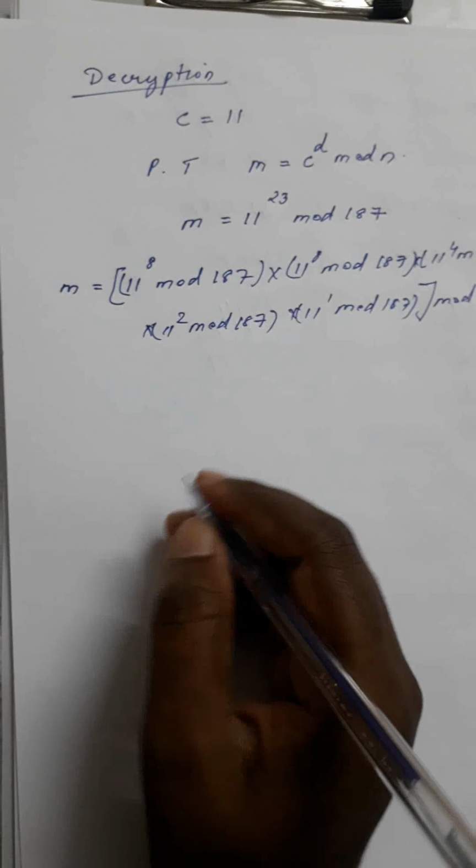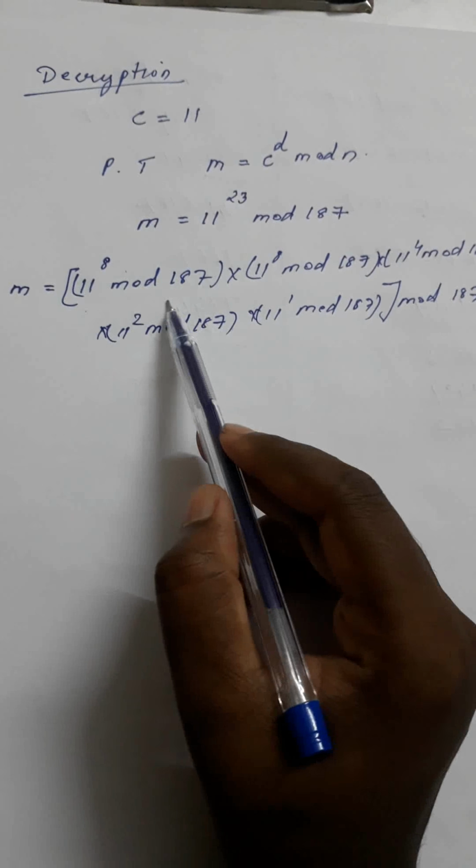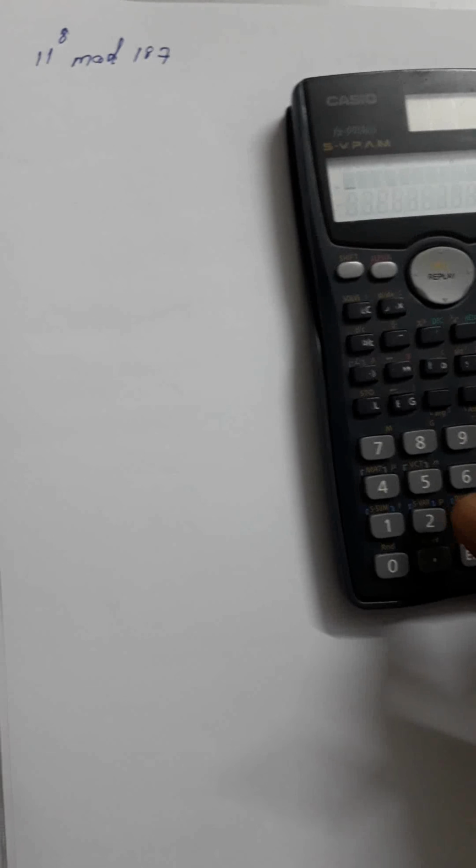Now let us solve for the first one, 11 power 8 mod 187.